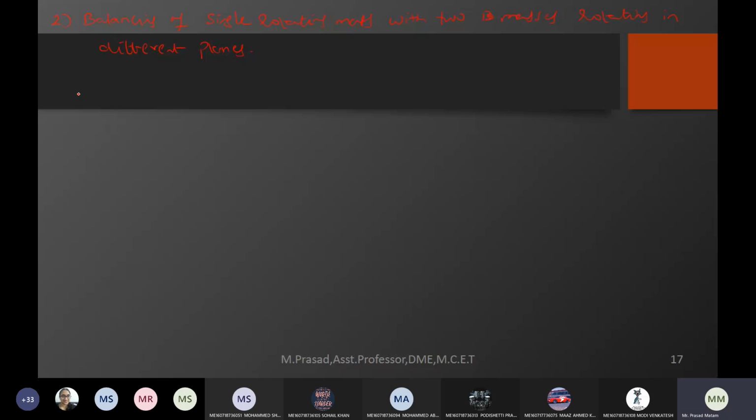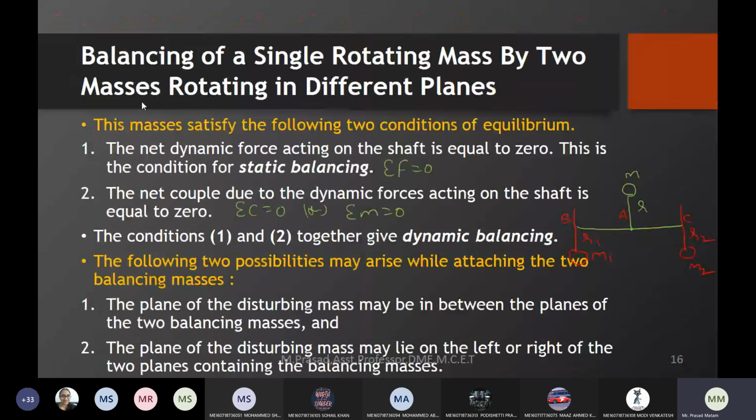This is the second condition, balancing of a single rotating mass with two masses rotating in different planes. This can be achieved with two cases again, case A and case B. What is case A? Balancing of a disturbing mass exactly located in the middle of the two balancing masses. Let me write here: balancing of a single rotating mass.